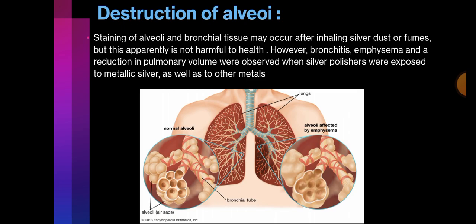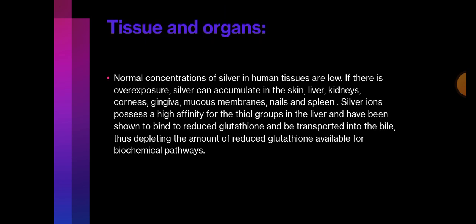However, bronchitis, emphysema, and a reduction in pulmonary volume were observed when silver polishers were exposed to metallic silver as well as to other metals. Tissue and organs. Normal concentrations of silver in human tissues are low.